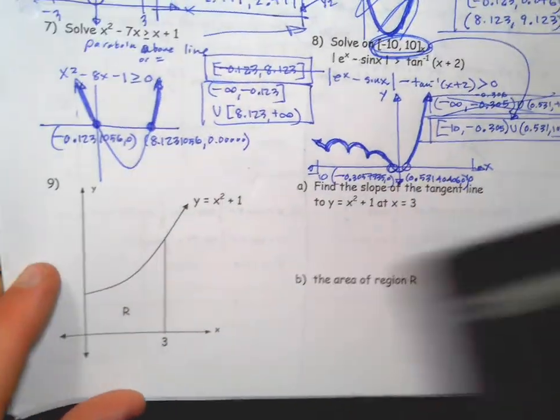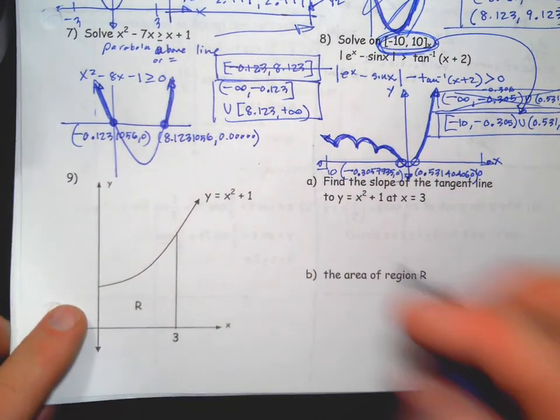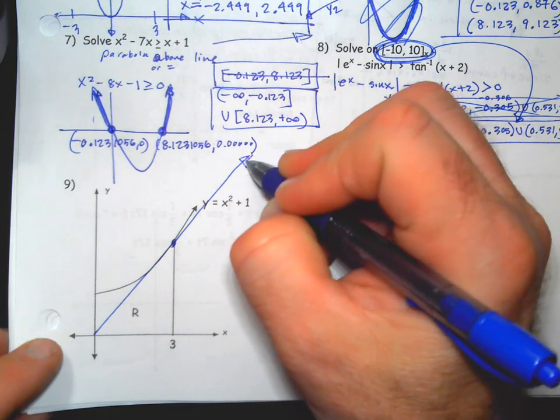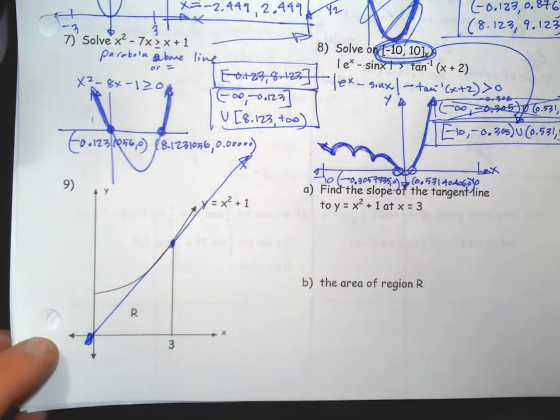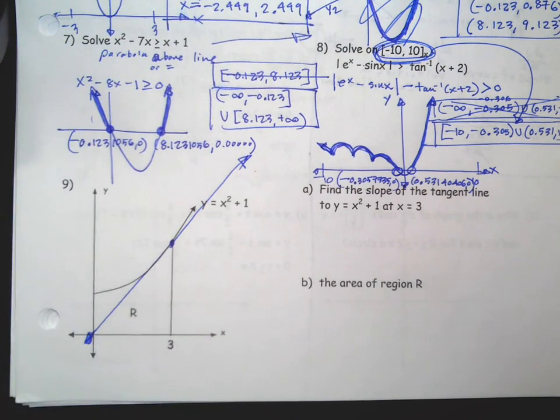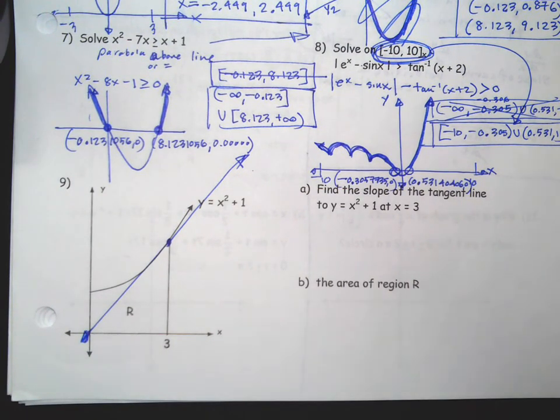Number 9, find the slope of the tangent line of y equals x squared plus 1, at x equals 3. So the tangent line is going to be like this, something like that. I would draw that on there. Now it's just the slope of the tangent line. So there's a lot of different ways we could do this.